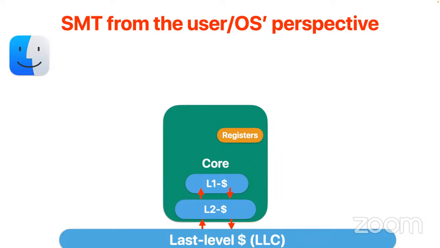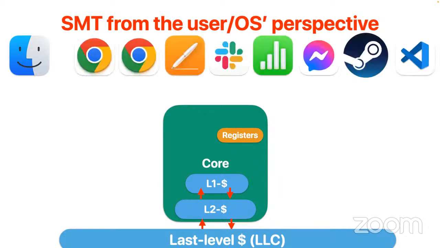So this processor tells the operating system by exposing two program counters and two core IDs. So then it gives the operating system an illusion: oh, I got two processors, right?